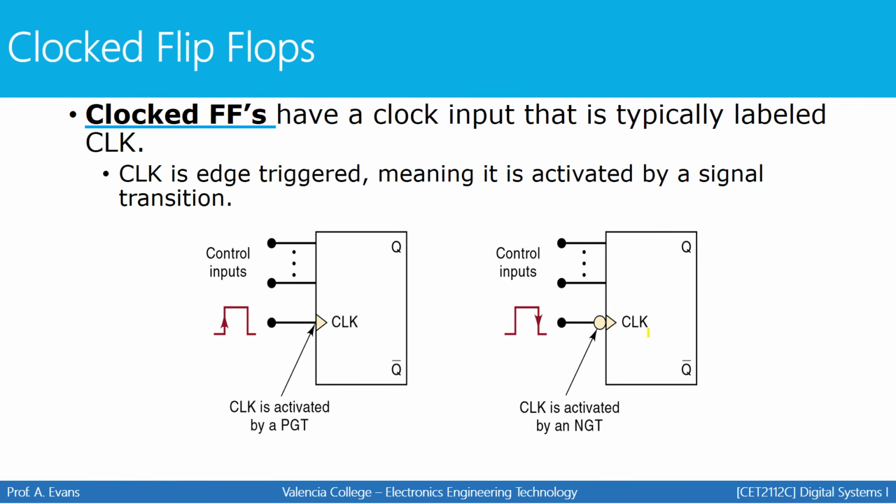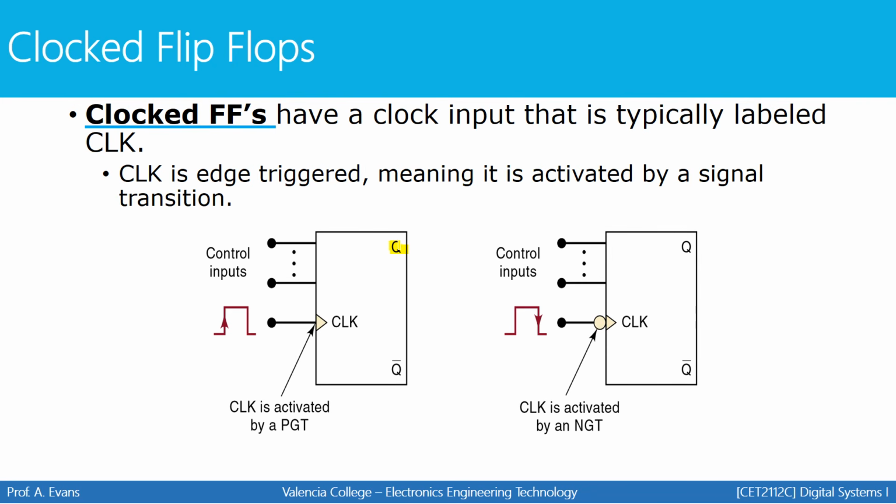So, a clocked flip-flop has a clock input that works like I just described as one of its inputs. And the flip-flop will make a transition at its output only when the clock makes a transition at this input. So the clock kind of starts to control when the output will change.